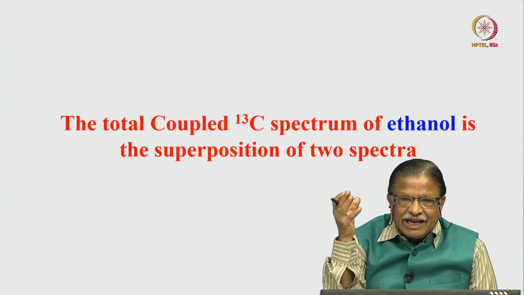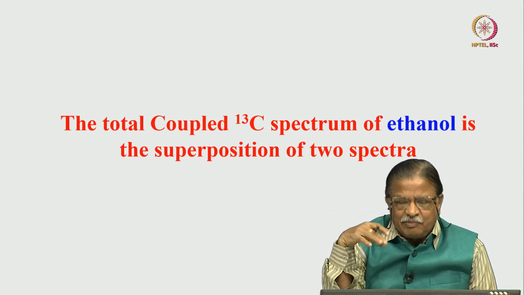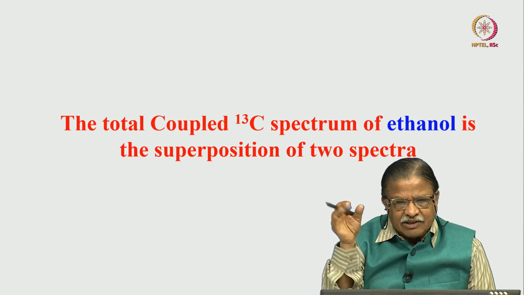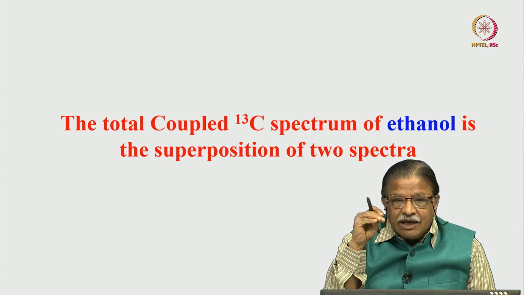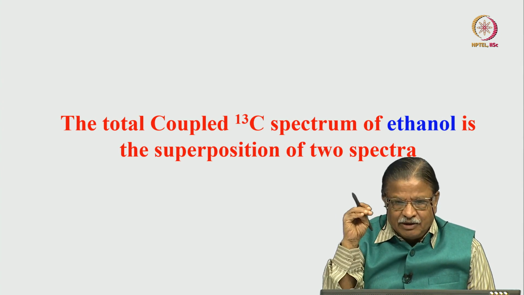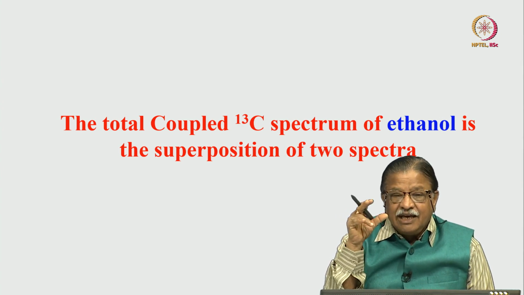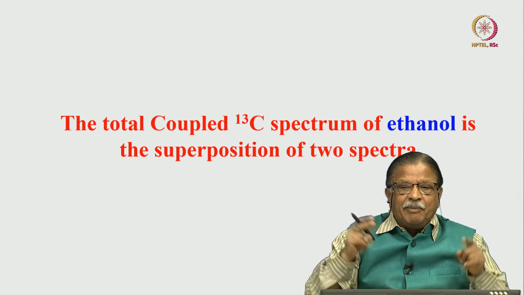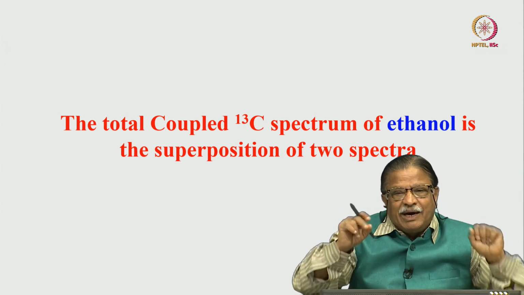So, in reality, the spectra of all isotopomers are there; the first one does not give a signal, the remaining 3 are there, and the last one is not seen. So, the total coupled carbon-13 spectrum of the ethanol molecule is the superposition of 2 spectra, coming from 2 isotopomers.